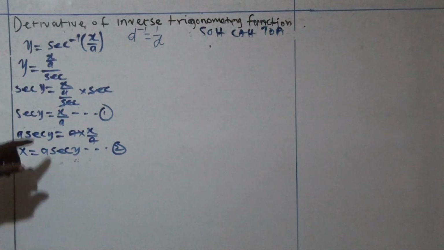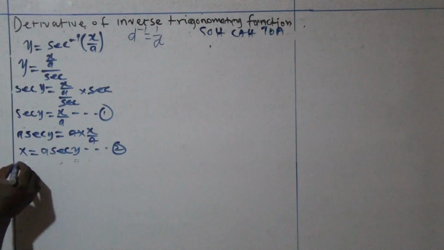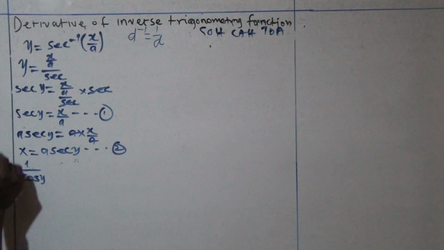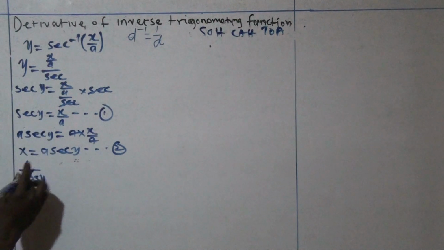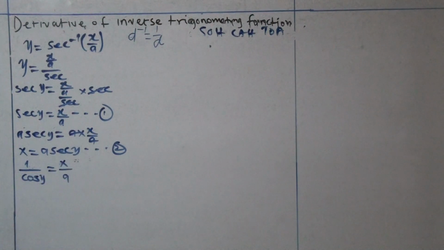From equation 1, we will establish a fact that sec is 1 over cos. So this expression is saying that 1 over cos y is equal to x over a.